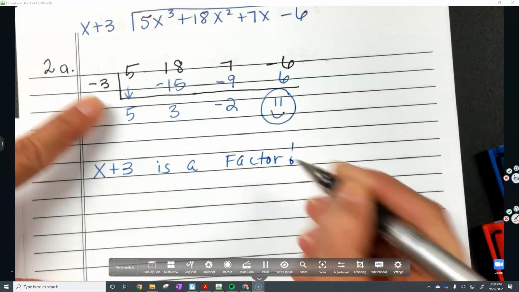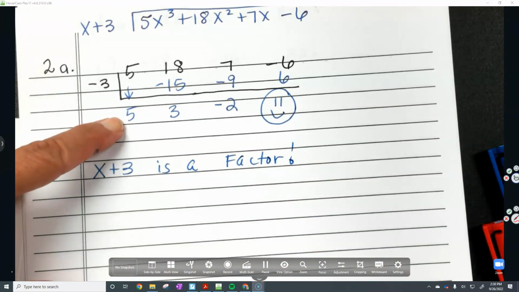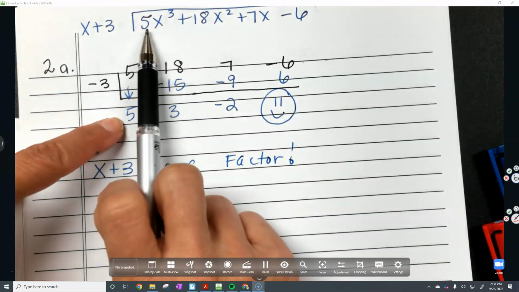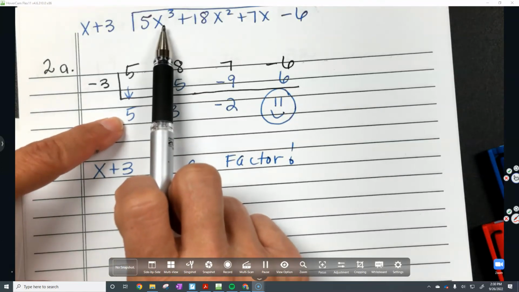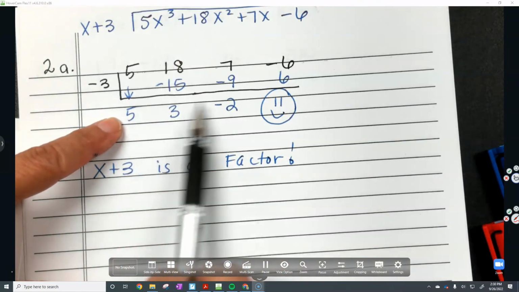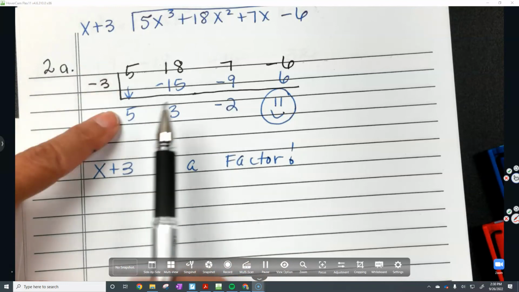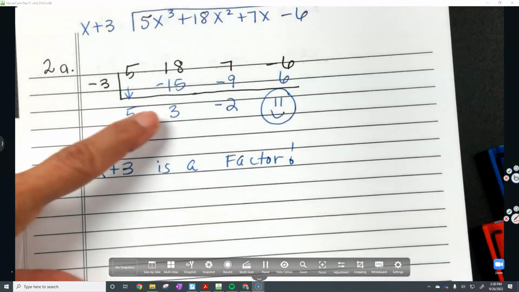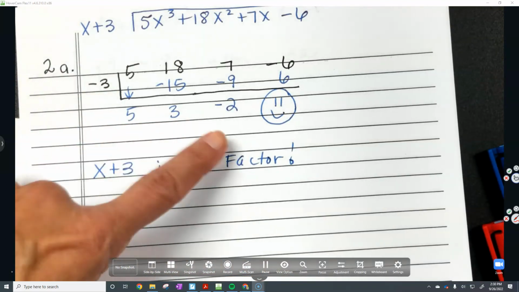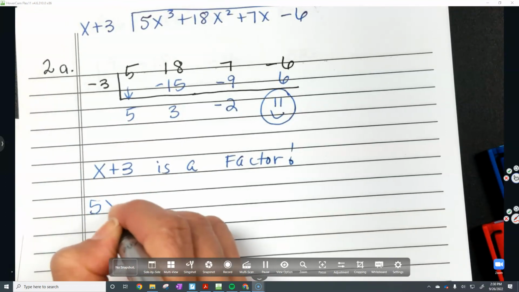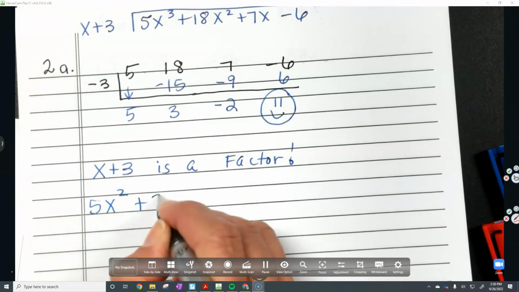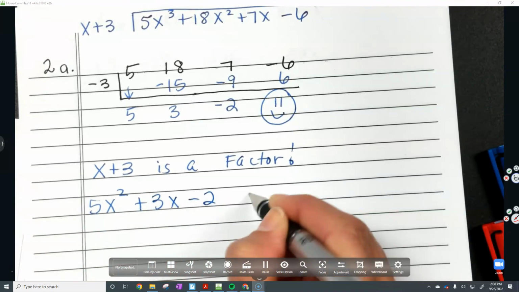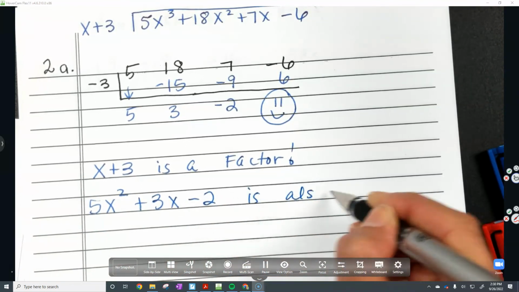And let's talk about how to write our answer from synthetic division. So remember, the highest degree was a 3. These are going to start with 1 degree less. So 5x squared plus 3x minus 2. 5x squared plus 3x minus 2 is also a factor.